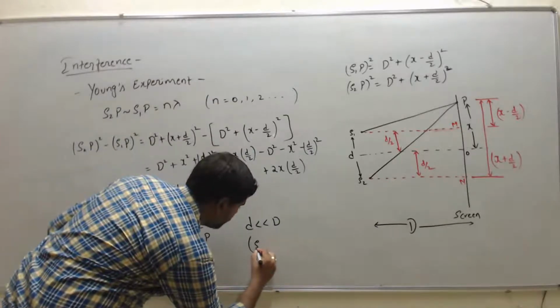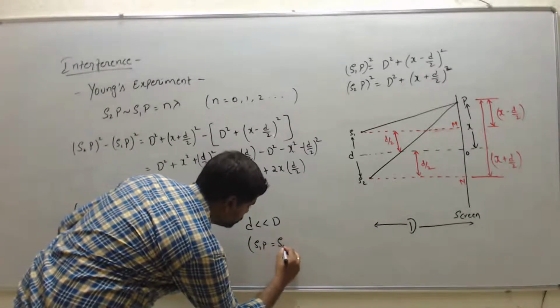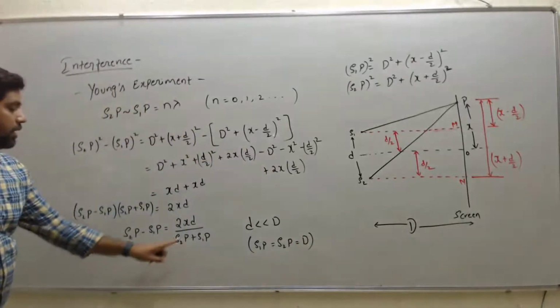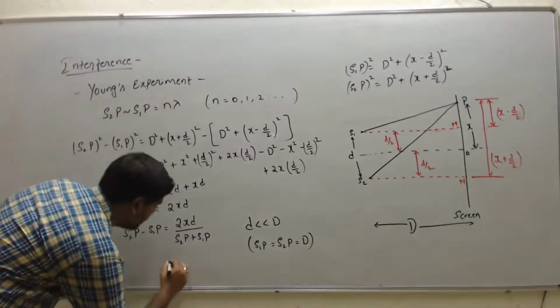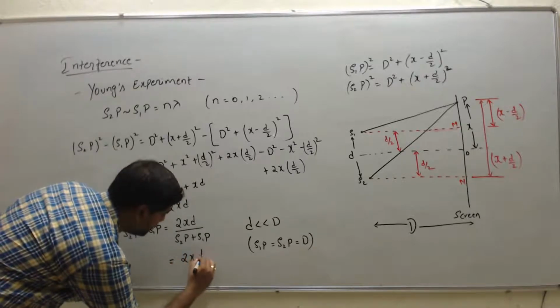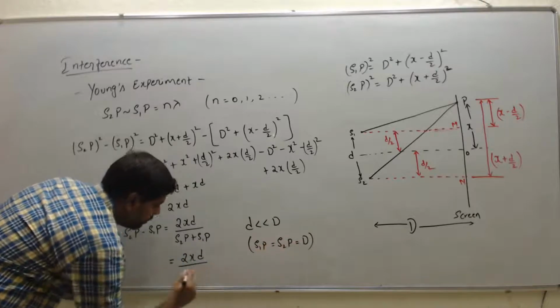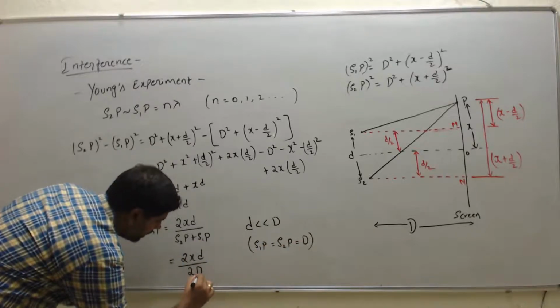Hence S1P equals S2P, that equals D. Hence we write here, we get 2xd divided by S2P plus S1P, we have D plus D, that is 2D.